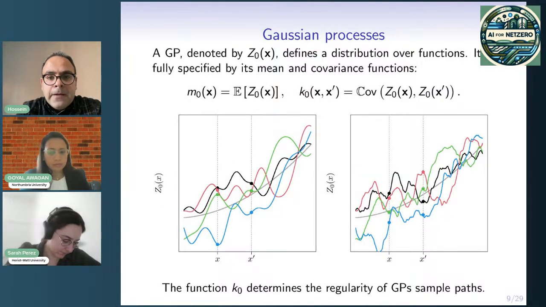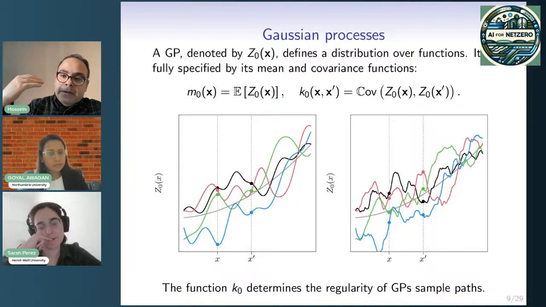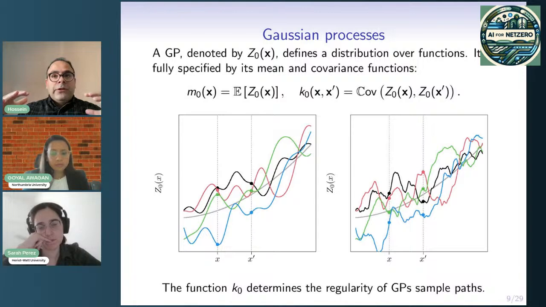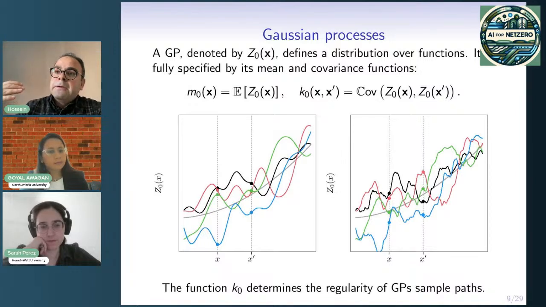Next slide. The next concept is Gaussian processes, which is our emulator, and we use it to approximate our models. A Gaussian process, denoted by Z naught x, is a distribution over functions. It extends the multivariate normal distribution to infinite dimensions, if that makes sense to you.